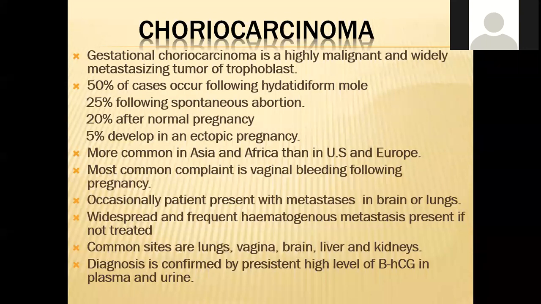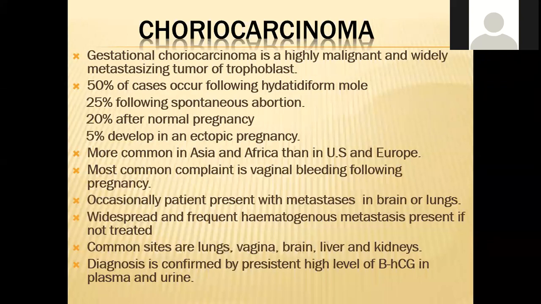Gestational choriocarcinoma is a highly malignant and widely metastasizing tumor of trophoblast. 60% of cases occur following hydatidiform mole, 25% following spontaneous abortion, 20% after normal pregnancy, 5% develop in an ectopic pregnancy. और ज़्यादातर, as I have told you, the chances of choriocarcinoma is more in complete mole as compared to the partial mole. Choriocarcinoma is more common in Asia and Africa than United States and Europe.